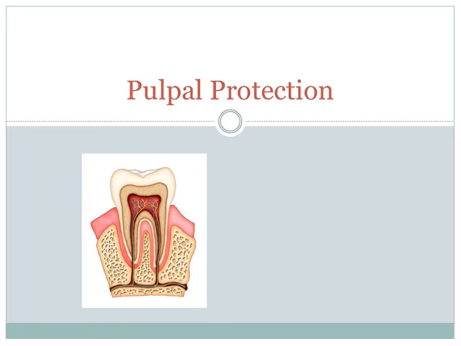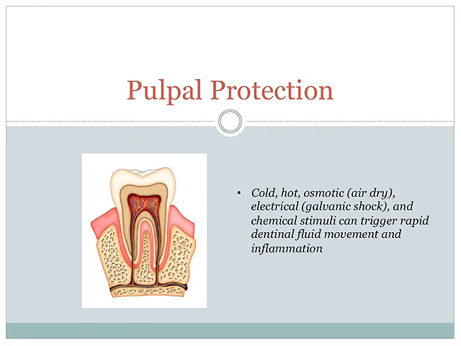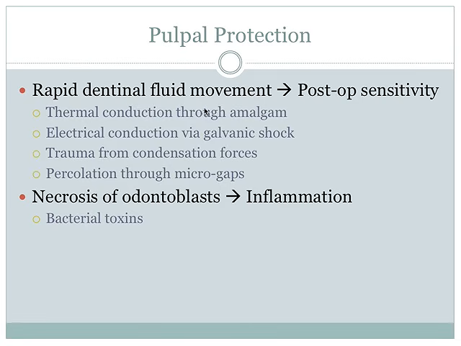All right, and then the very last thing I wanted to mention was pulpal protection. So there are a whole lot of things that can irritate the pulp: air, temperature, other things, and especially if we're within like 0.5 to 1 millimeters of the pulp, we need to protect it.